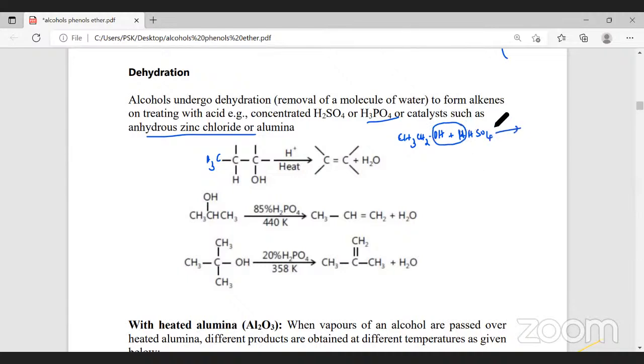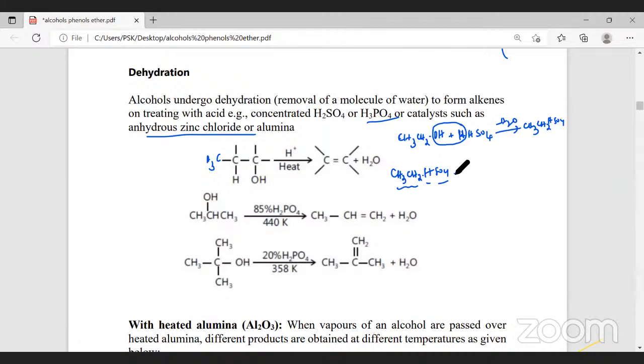So what is the compound formed? The compound formed is CH3CH2HSO4. This is called ethyl hydrogen sulfate.